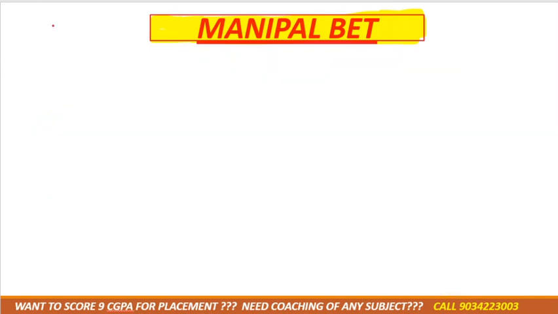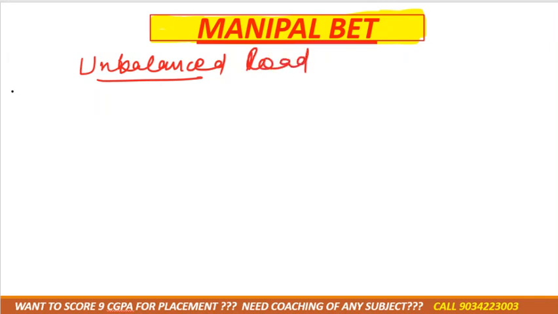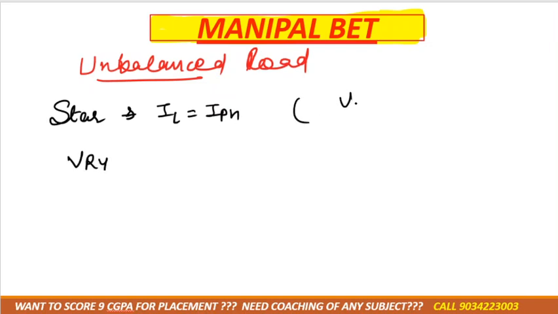Now this was, I told you, for the balanced load. But we'll have different formulas for the unbalanced load. In unbalanced load, as you already know, in the star connection current is same, so not an issue regarding the current, but the voltage is different. What I told you, the formula VL is equal to root 3 VPH.